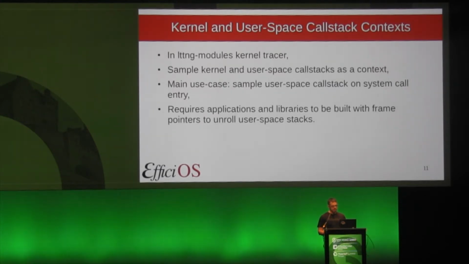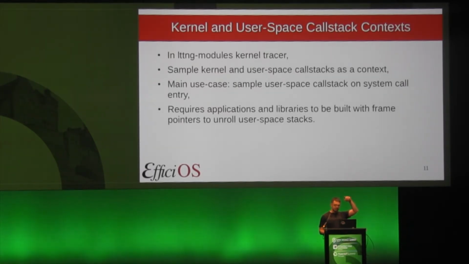The main use case that we all enjoy is sampling the user space callstacks whenever you enter a system call. This is really useful to figure out what code is responsible at the application level for invoking that system call.